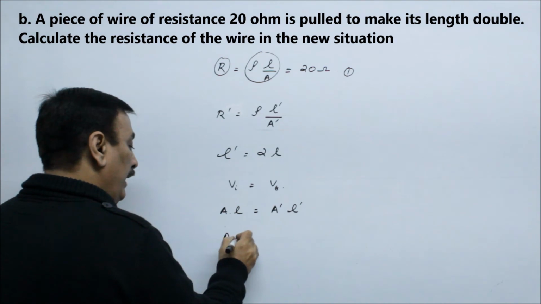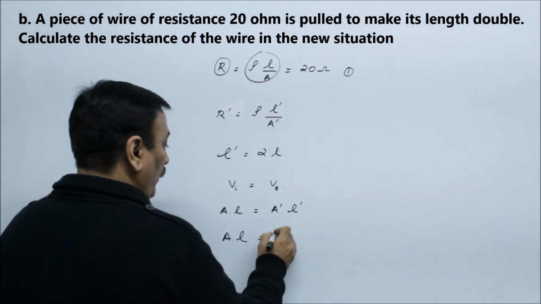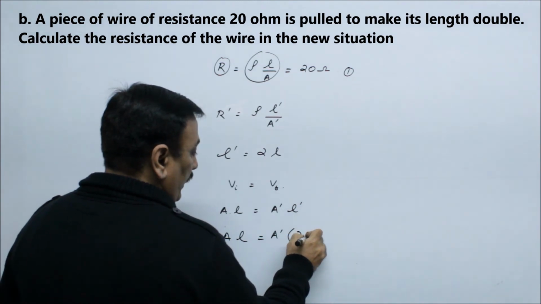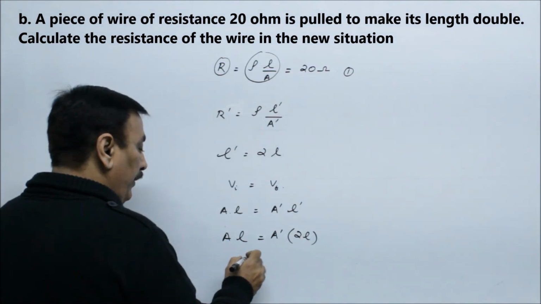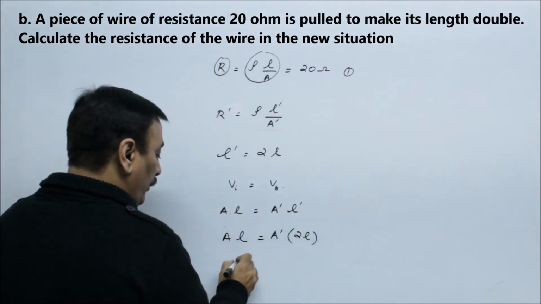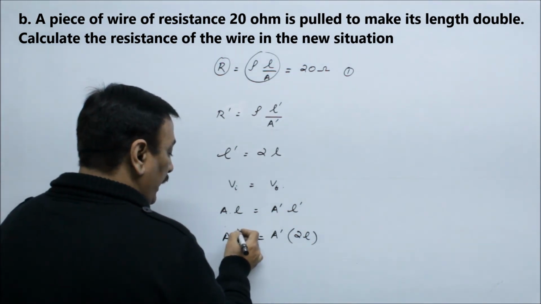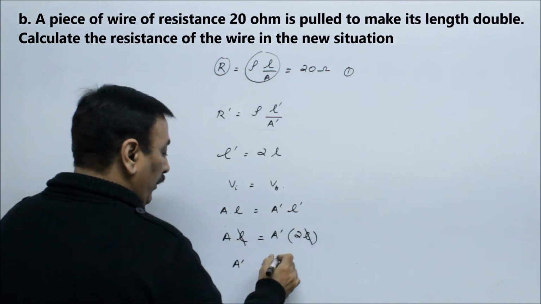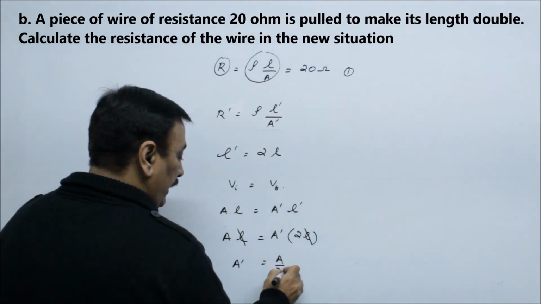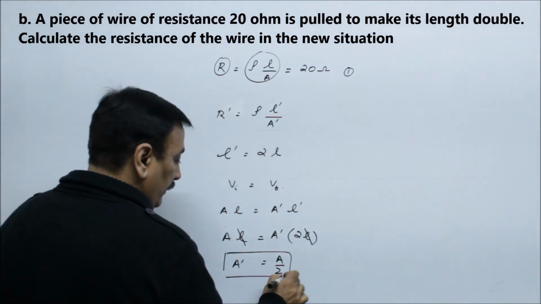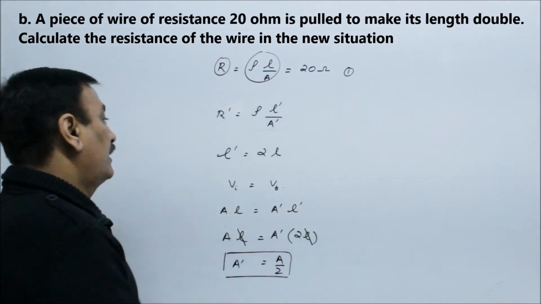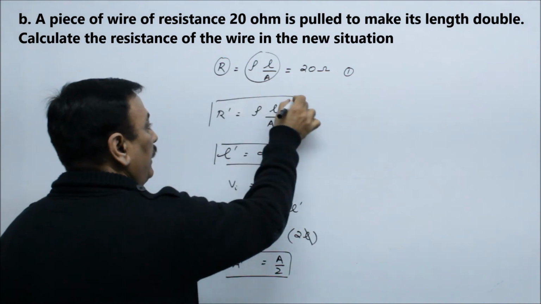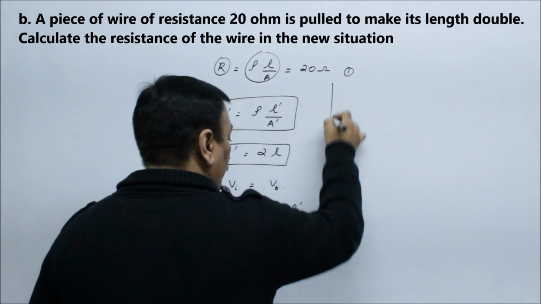Now A times L is equal to A dash times, in place of L dash we can write, twice of L. So from here we get A dash equal to, see carefully, we can cancel this L with this L, and A dash will be equal to A upon 2. We write it like this. Is that okay? So these two parameters we have to use here in this equation, and we are working it out now.